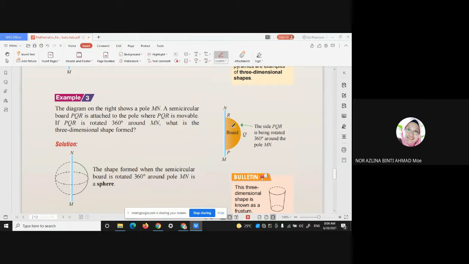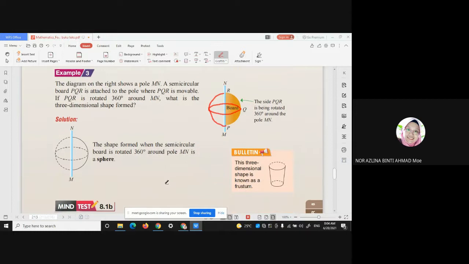If PQR is rotated 360 degrees around MN, what is the three-dimensional shape formed? So this will form a sphere. The shape formed when the semicircular board is rotated 360 around pole MN is a sphere.